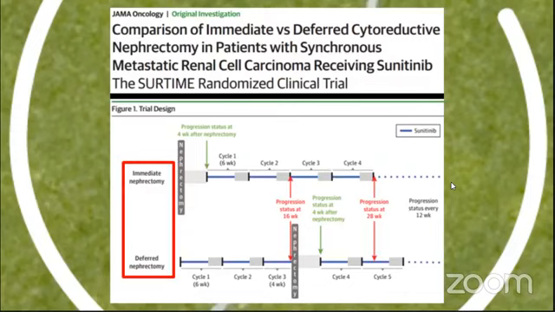What they found was, first, deferred cytoreductive nephrectomy did not improve the 28-week progression-free rate. Second, with the deferred approach, more patients received sunitinib, and the overall survival was higher on an intention-to-treat analysis, although I agree this finding was not statistically significant.